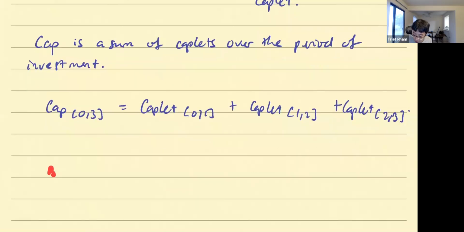So I think I know what you're talking about. B01 will be 1 over 1 plus R0 delta T. B01 is actually deterministic. Why so? Because you think of how the interest rate works.